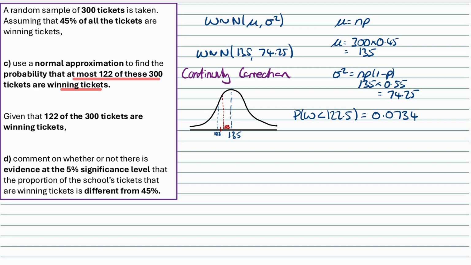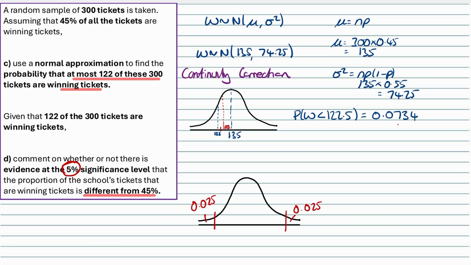For part D, we need to comment on whether there's evidence that the proportion of winning tickets is different from 45% using a 5% significance level. So if you notice here, it says different from 45%. So this makes it a two-tailed test. It could be less than a mean, or it could be greater than a mean. So each of these will have an area of half a significance level, so 0.025.